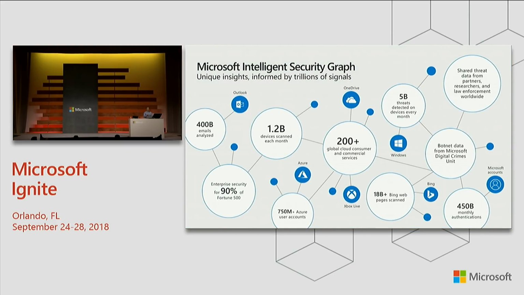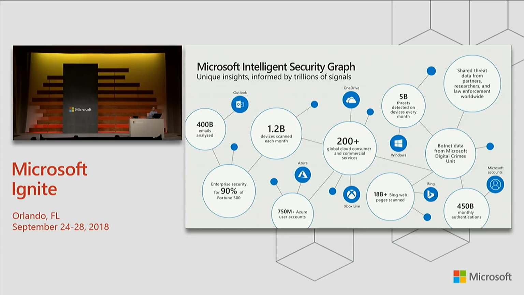And one of the things that we do to take advantage of this moment and this investment is we're capturing a lot of great information through the participation of many of you in our telemetry programs and through other sources. And we have a great set of optics into what's happening. And this data gets brought into the intelligent security graph, and we're able to reason over that with machine learning and all the great technologies and data science and come up with some pretty interesting things. Right?